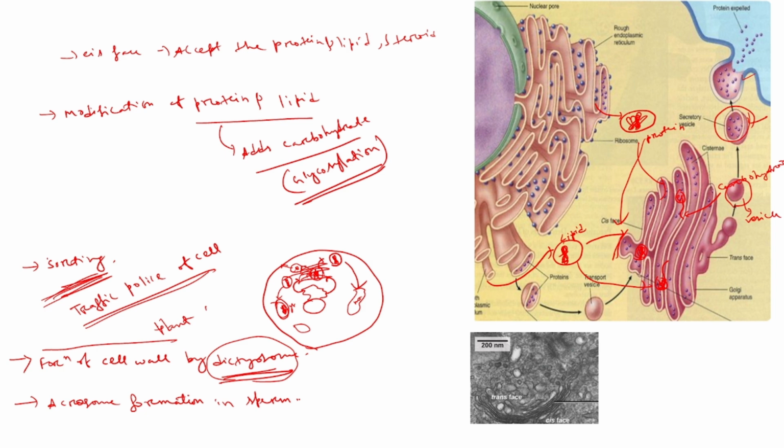So what is acrosome formation? During fertilization, let's say this is the ovum, this is the sperm. Some reaction is required for the fertilization, and this reaction is called the acrosome reaction. So the Golgi in the sperm helps in the acrosome formation that is needed for fertilization.